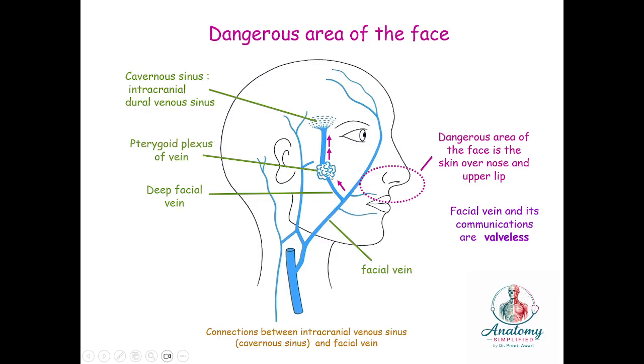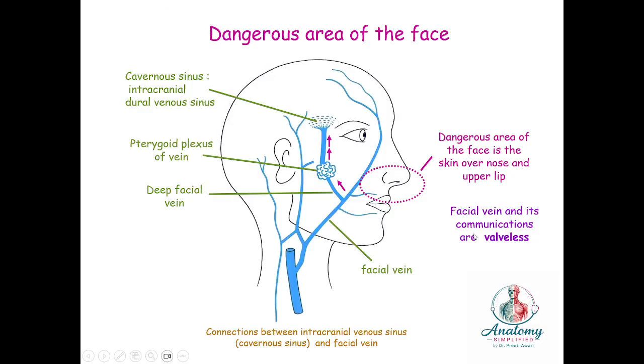Then this pterygoid venous plexus communicates with a dural venous sinus present within the skull called the cavernous sinus. Now, the area of the face including the tip of the nose, the lateral side of the ala of the nose, the philtrum, and the skin over the upper lip, let us say the complete upper lip, is called the dangerous area of the face.